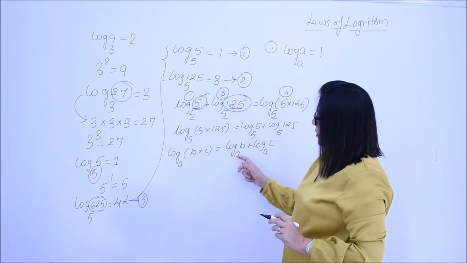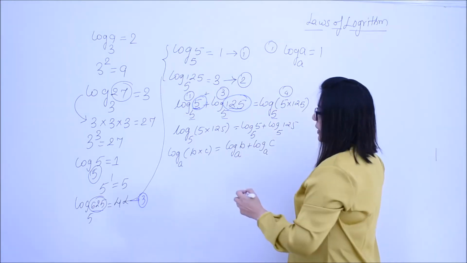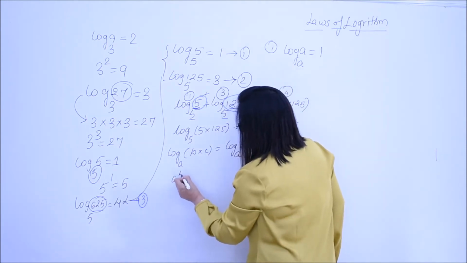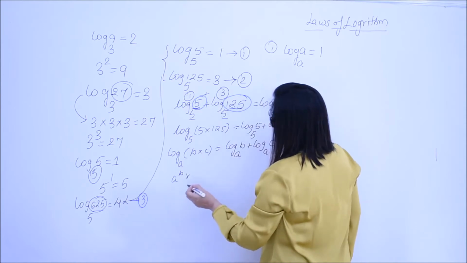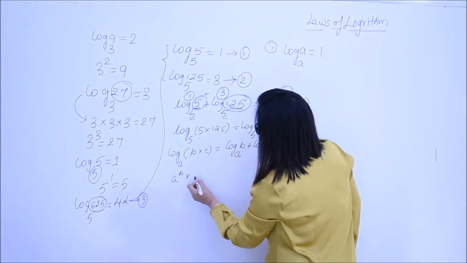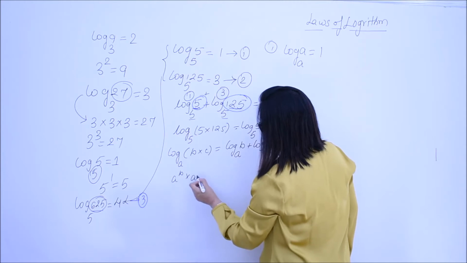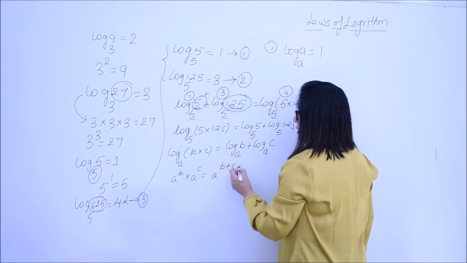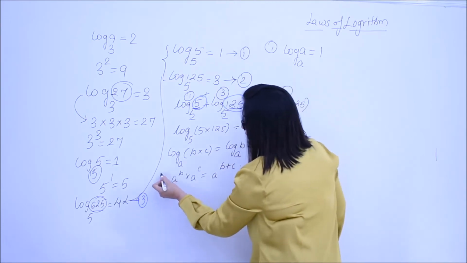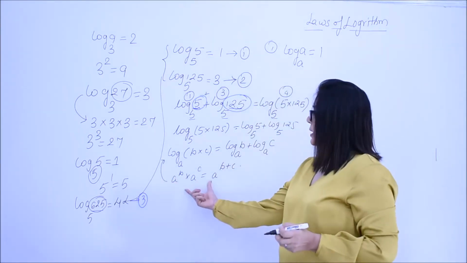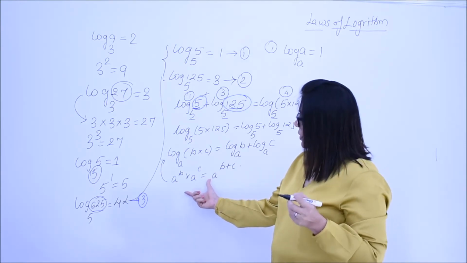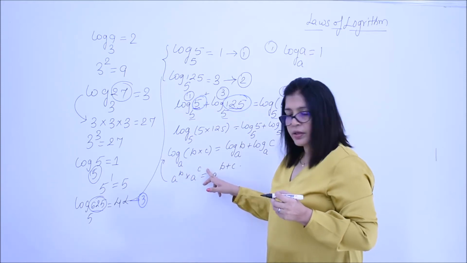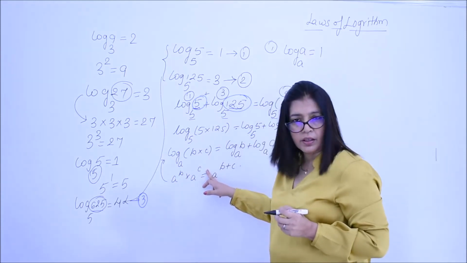So if you observe here, in the reverse order, we have studied in the indices that a to the power b into a to the power c is equal to a to the power b plus c. So can you find out how exponents are related in reverse order with the log? If the base is the same, then we add the power. That's what we have learnt in the exponents.